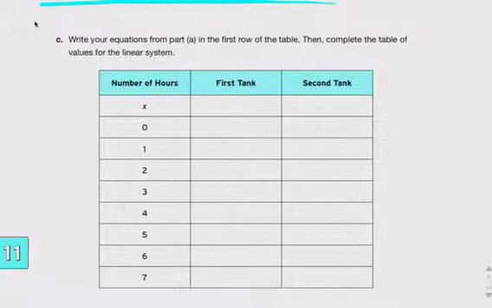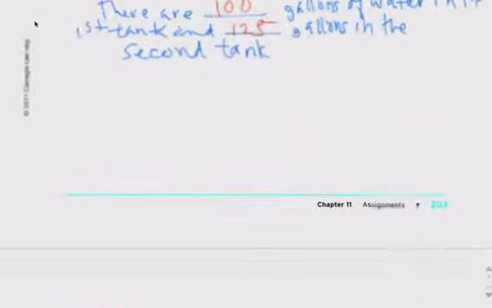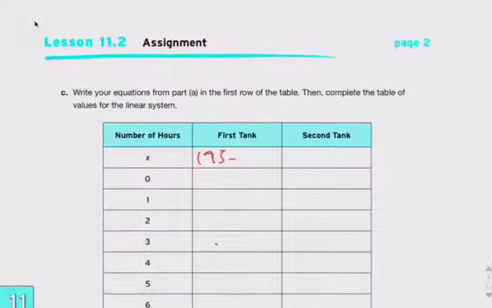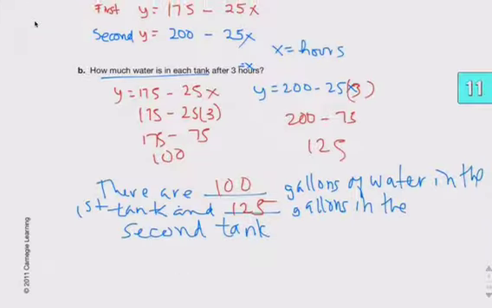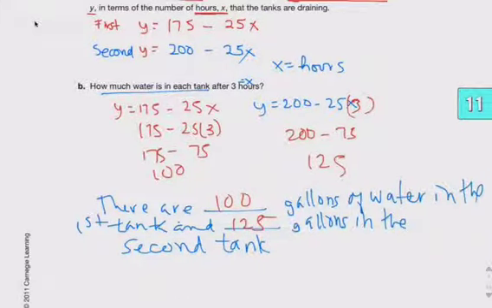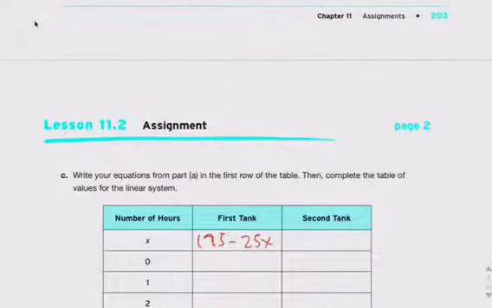First tank is 175 minus 25x. Second tank is 200 minus 25x. And you can only do 3, 0, or 4. 4 is easy.